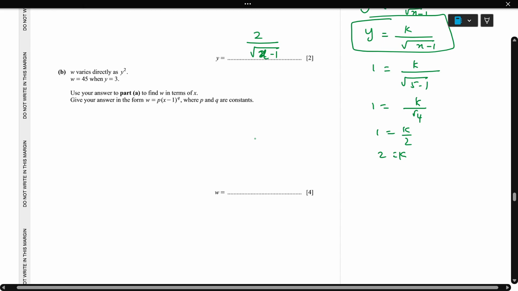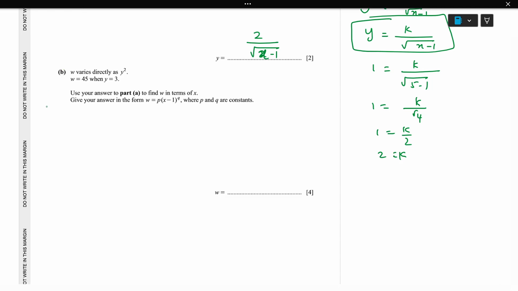Next one, w varies directly as y squared. So w equals k times y squared. What is given is w equals 45 when y equals 3, so 45 equals k times 3 squared. So 45 equals 9k.